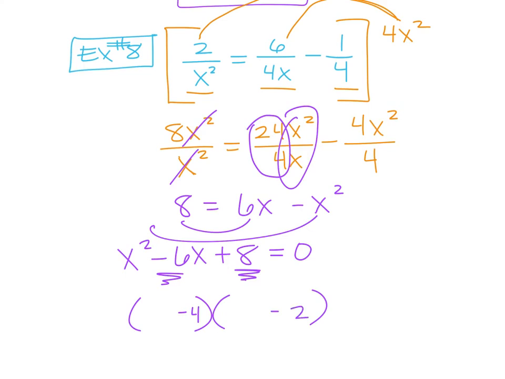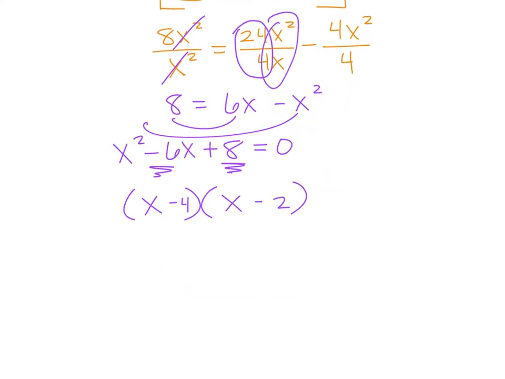Negative 4 and negative 2, right? So that would be x minus 4, x minus 2. So your answer, if that has to equal 0, x would be what? 4 and 2. Okay? Questions on that?